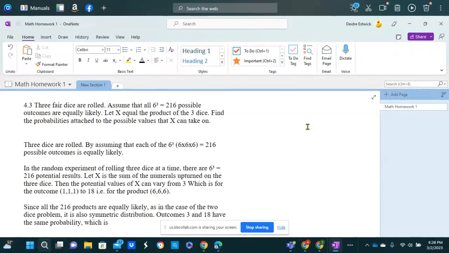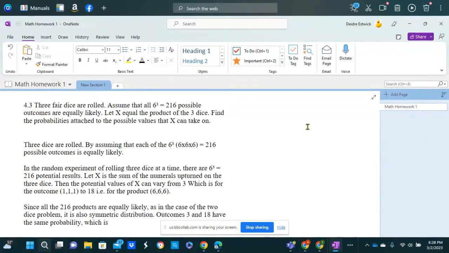And then this asks you to find the probabilities attached, right? So first you have to find x, the random variable x. The random variable could be 1, could be 2, could be 3, could be up to 6. Then you have 2 times that, then 3 times that.